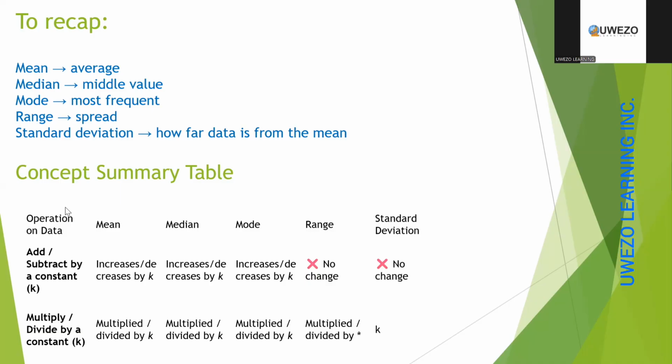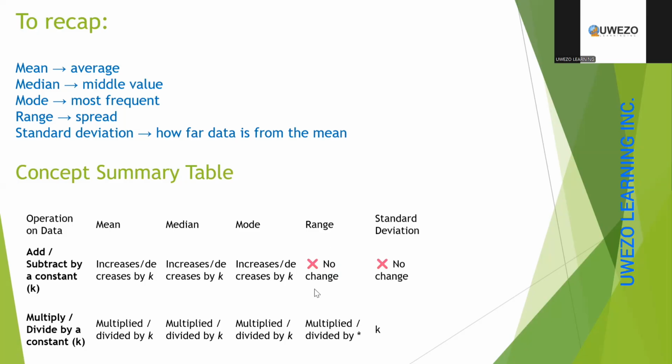Now, sometimes SAT questions ask about adding or subtracting a constant to all the values in the set, and that would affect the median, mean, and mode, but not the range and standard deviation.